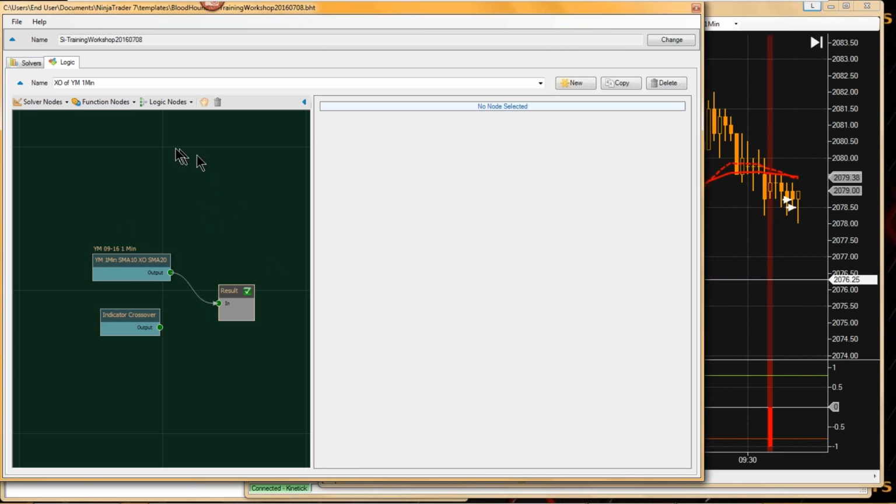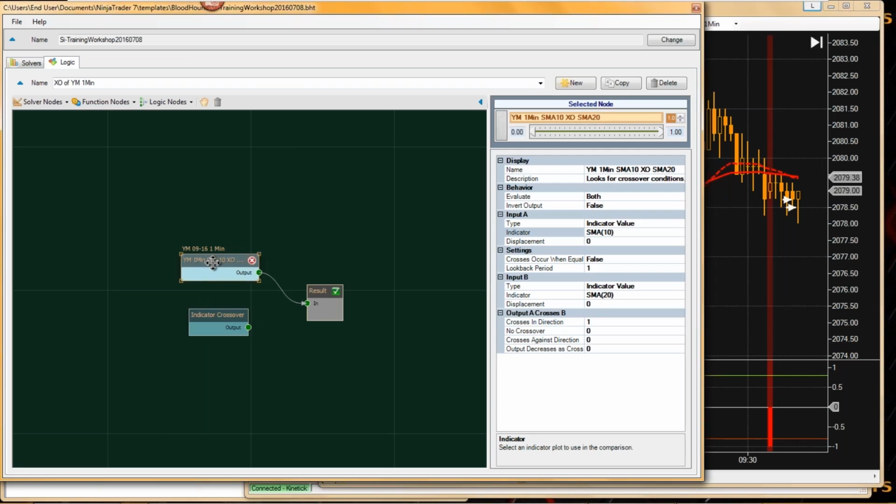So if you build a BloodHound template that has multiple trading signals in it, you're not going to know which trading signal it came from. If you're looking for trade signals from the YM and also trade signals from the ES, you're not going to know which one they came from.